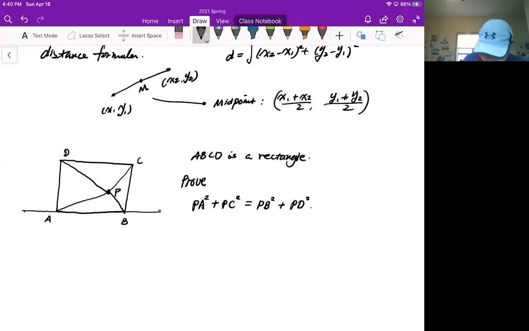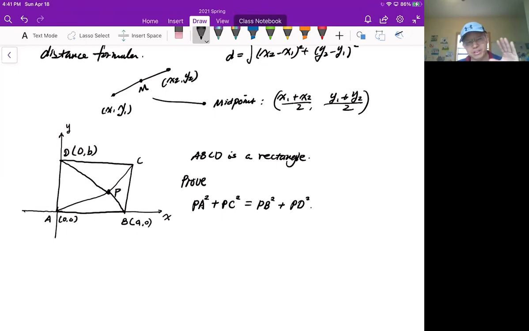So I call this my X axis, right? And this is my Y axis. All right, my Y axis. And so for A here, A is just 0, 0. For B here, let me call that (a, 0). So that means for B, the X value is a, the Y value is 0. For D, the X value is 0, the Y value is b.